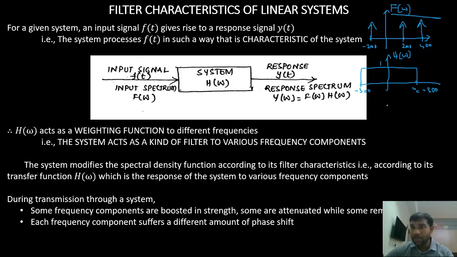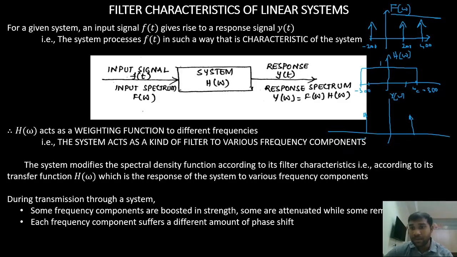So if I multiply these two, I should get my y of omega, right? Y is equal to h into f. So in f, what are the frequencies I have? I have an impulse at negative 200 and positive 200. What is the value of h of omega at negative 200 and positive 200? It is 1. So I'll just multiply those impulses with 1.